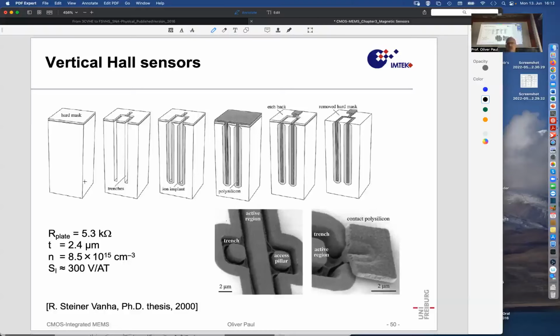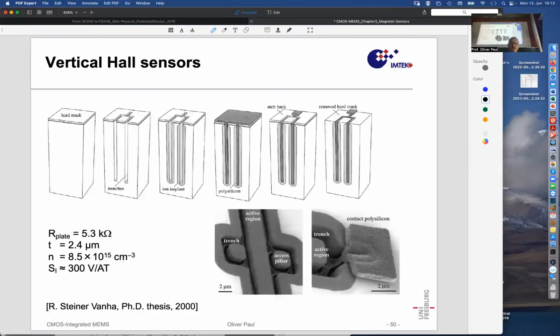Again, this is using available technology for other purposes, and so he designed a square-shaped trench that could be etched so that in the middle a silicon column would stand, and then he was able to use an implantation step of the CMOS process to get some implant in the surface area of this silicon trench.